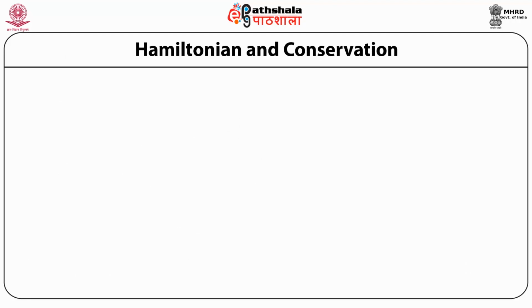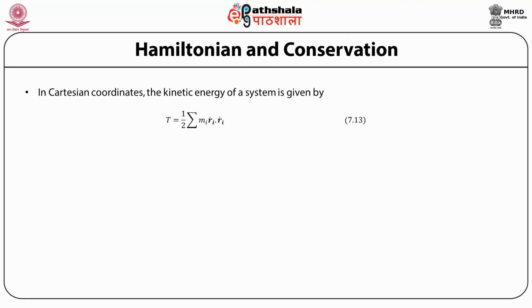How is the Hamiltonian related to the conservation laws? We know that in Cartesian coordinates, the kinetic energy of a system is given by T is equal to half sum over i of mi vi squared.